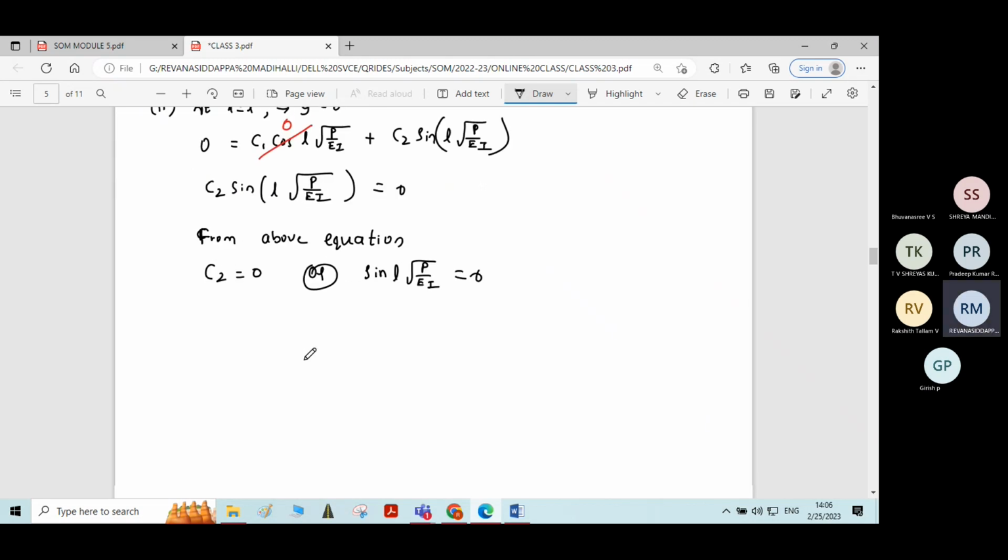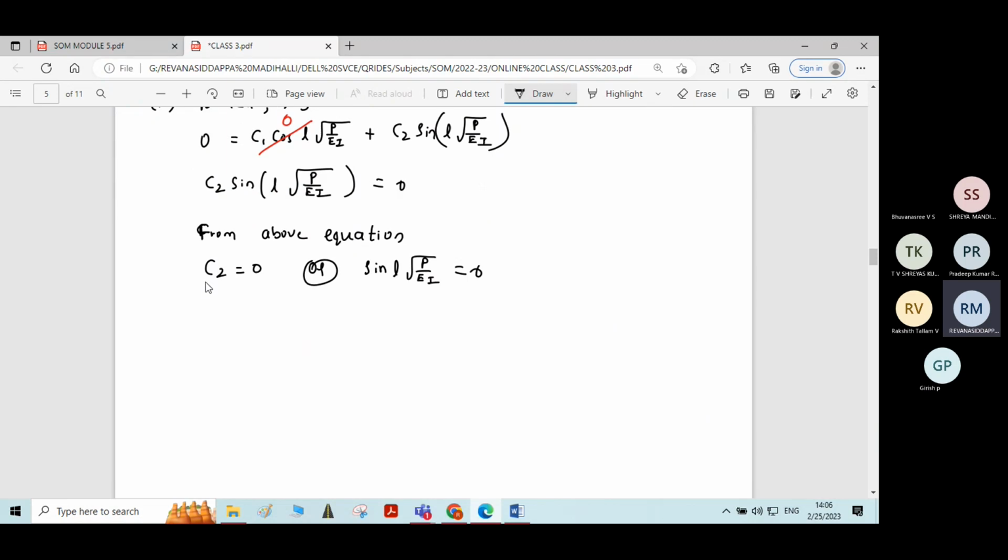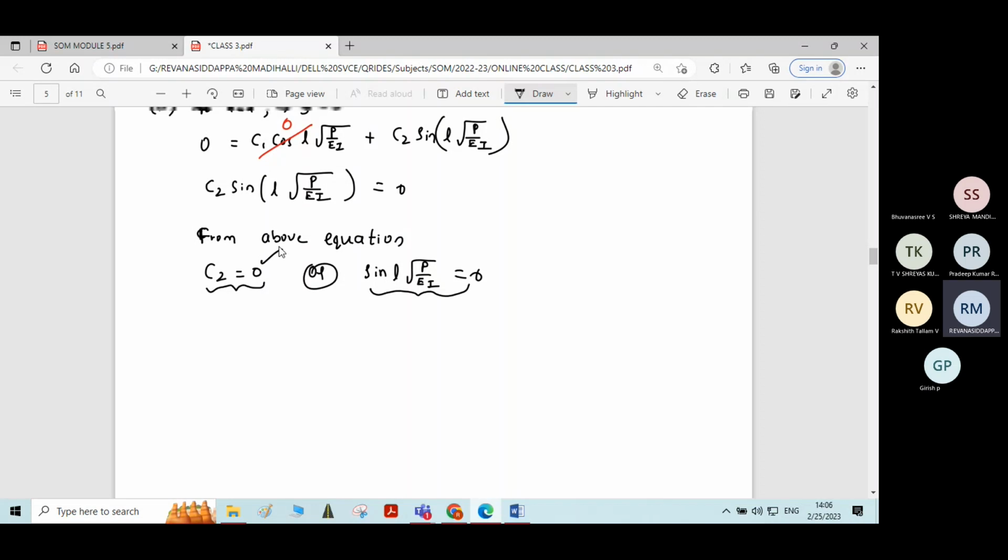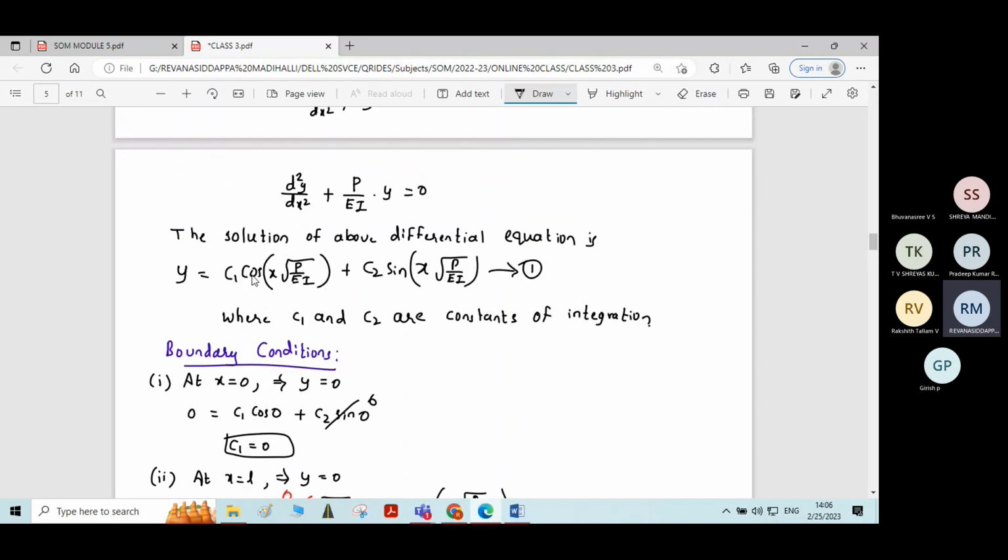Now here in these two equations, we have to choose the correct equation. Correct equation means, see, assume that C2 is 0. If C2 becomes equal to 0, C1 is already 0, correct? If C2 also becomes equal to 0, then deflection y becomes 0 only, which indicates that there is no deflection to the column only. Am I right?